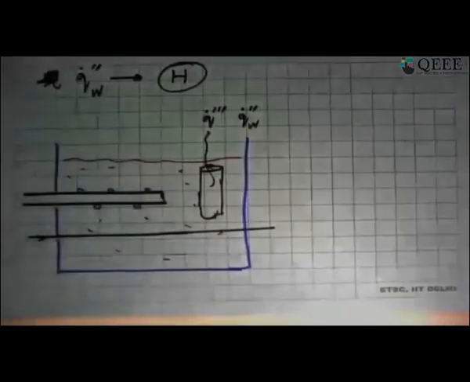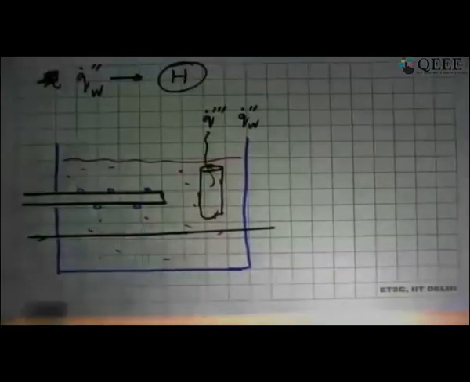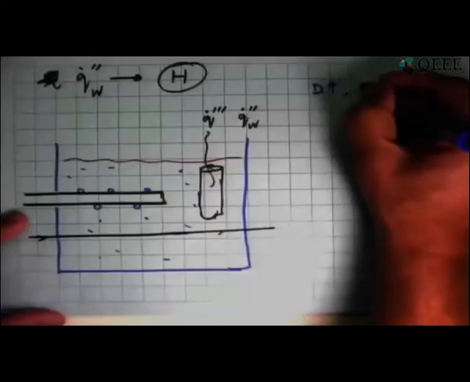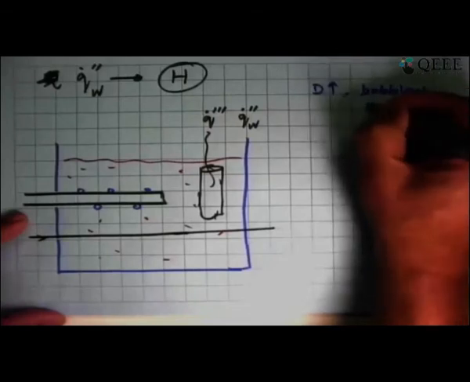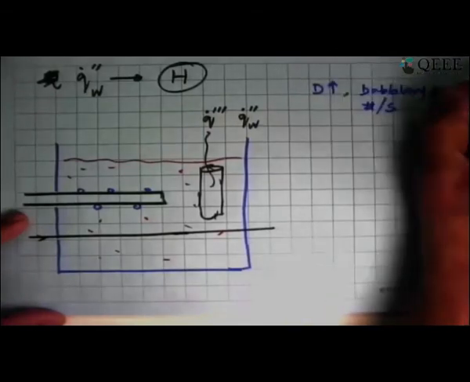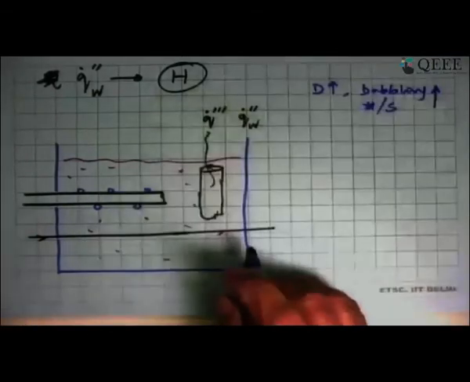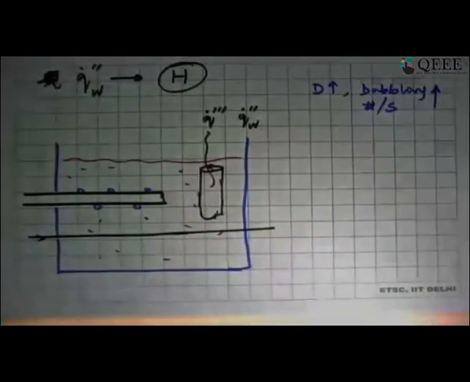Bubbles will come, they will keep getting detached and start moving up. As the temperature goes up, the bubbles will get bigger and detach and move up. So the bubble diameter will start to increase, and the rate of bubbling, that is the number of bubbles per unit time, will also start to increase. So both of these happen as long as we are in this part of the curve.